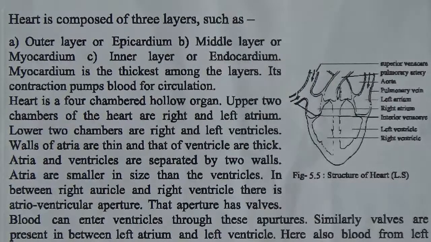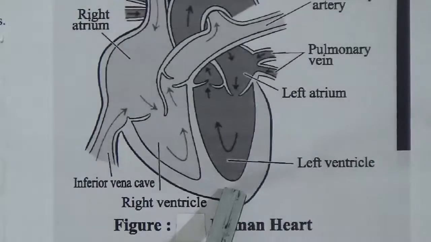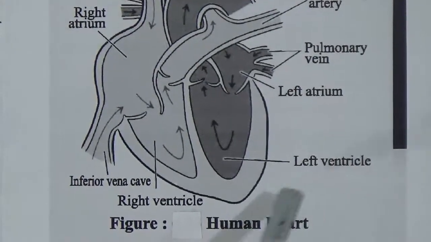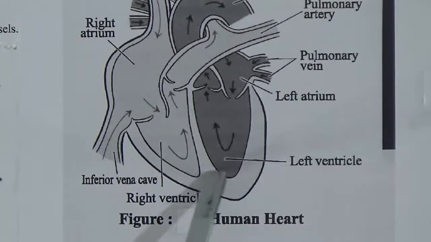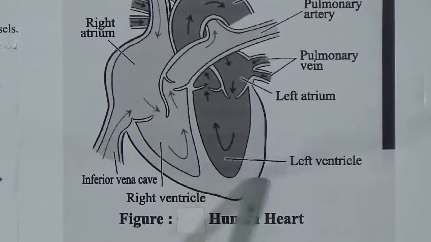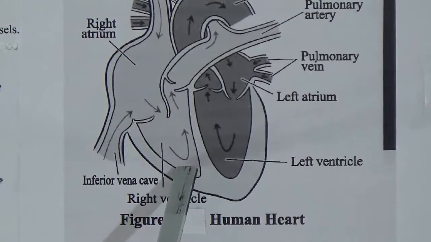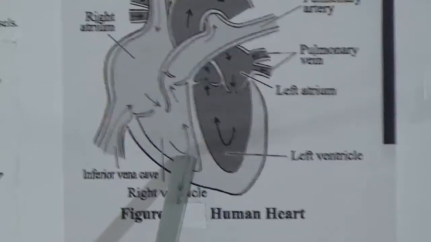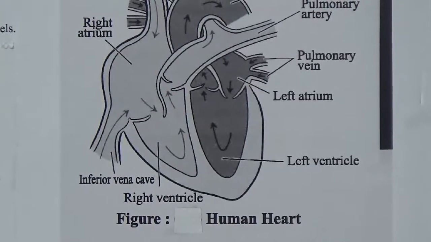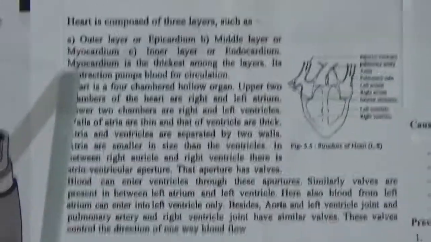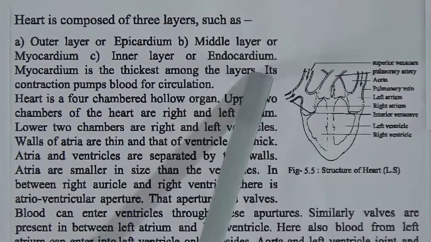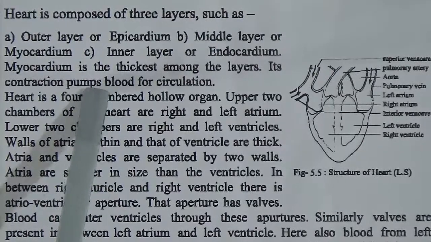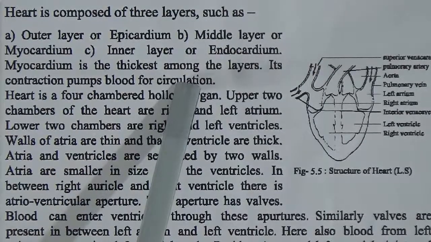Again, if you can see this picture, you can understand the outer layer is here, this is epicardium, the middle layer is here, this is myocardium, and the inner layer is endocardium. Myocardium is the thickest among the layers. Its contraction pumps blood for circulation.